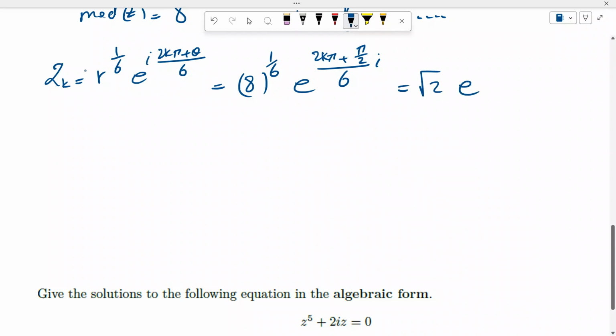If we simplify the exponent, it is (4k pi plus pi), or (4k plus 1) pi divided by 12, times i, the same as we did in the previous method. So we can do either way.